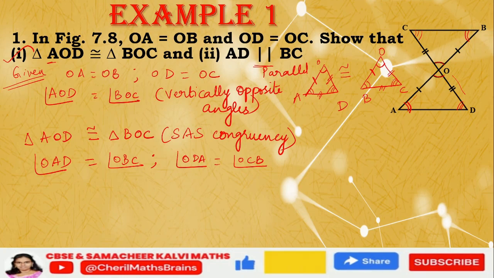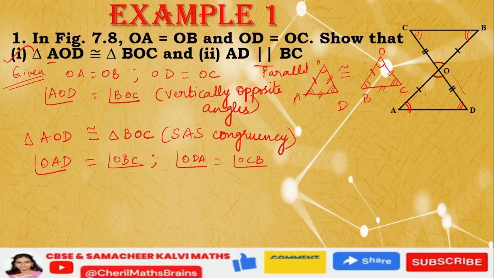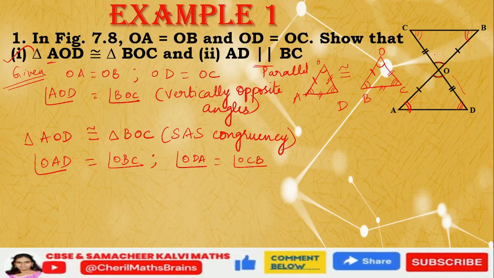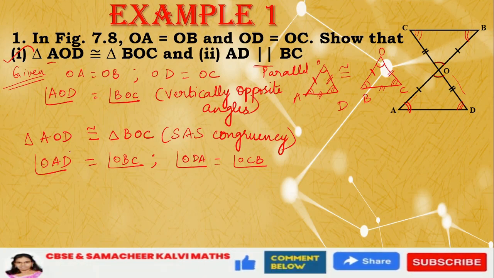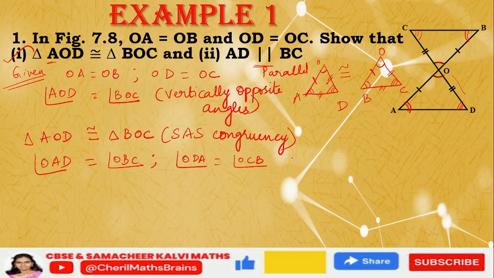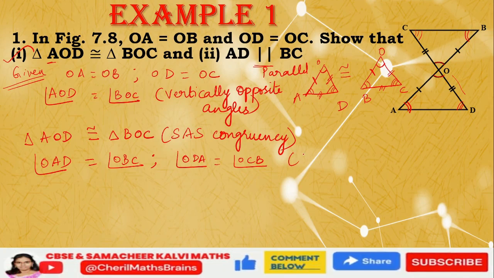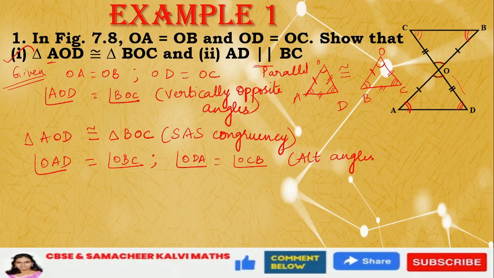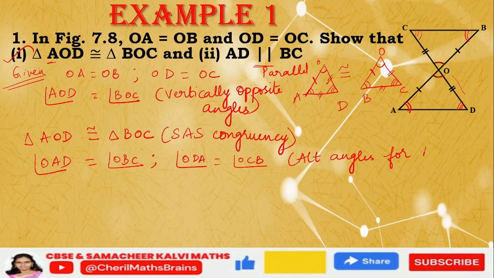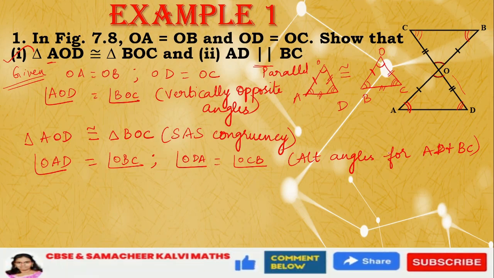Looking at these two triangles, both of these angles are forming a pair of alternate angles for the line segments AD and BC.